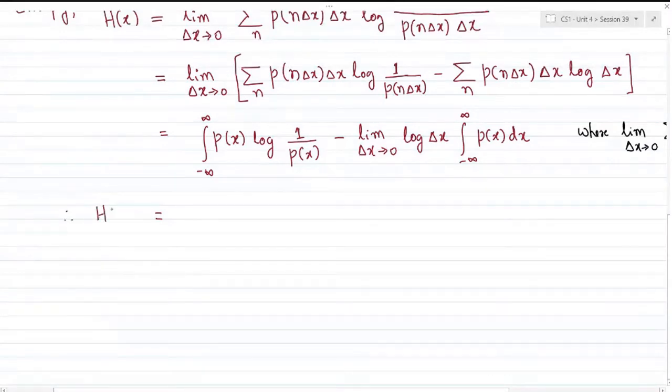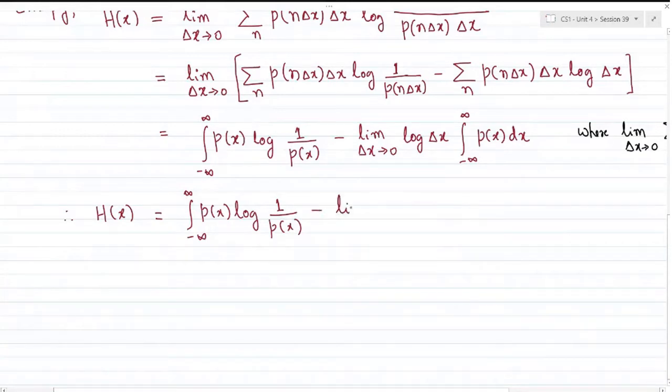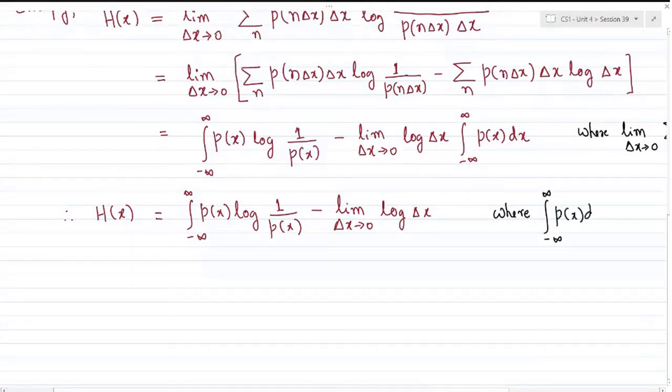So therefore h of x can now be written as minus infinity to infinity p of x log of 1 over p of x, minus limit delta x tends to 0 of log of simply delta x, where we know that the integration from minus infinity to infinity p of x dx is a probability density function.